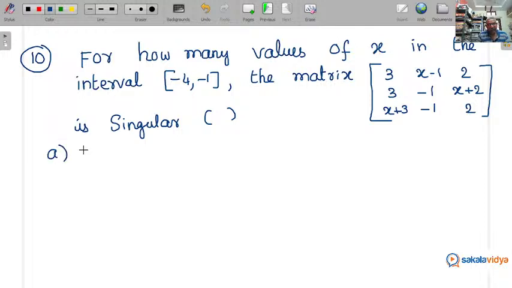Option A, no value. B, there are two values. C, there is only one value. D, there are three such values in the interval minus 4 comma minus 1 such that the matrix becomes singular. So this is somewhat actually a level 3 problem.